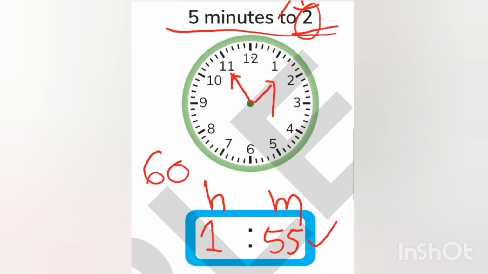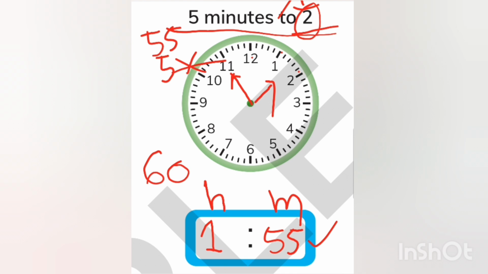Now we will write 1:55. So the answer is 1:55. The small needle is in between 1 and 2 and the big needle is on 11. 11 multiplied by 5 is equal to 55. Okay, fine. Up to now everything is clear to you.